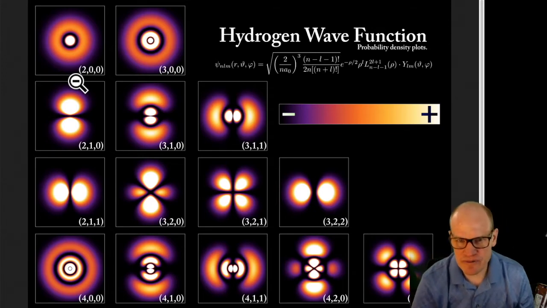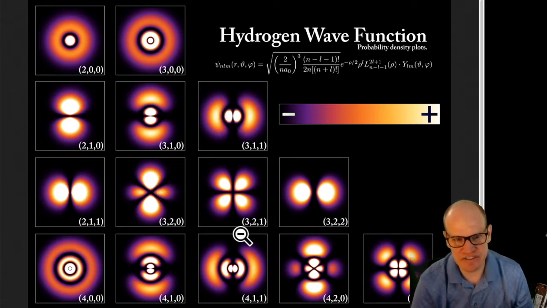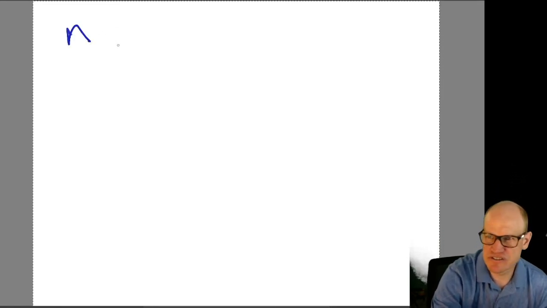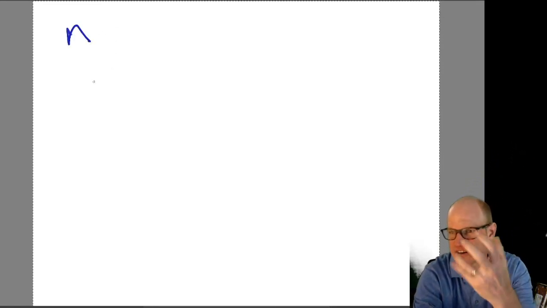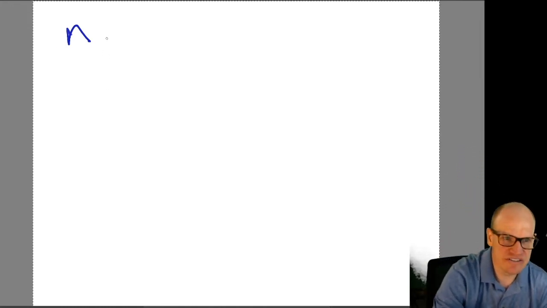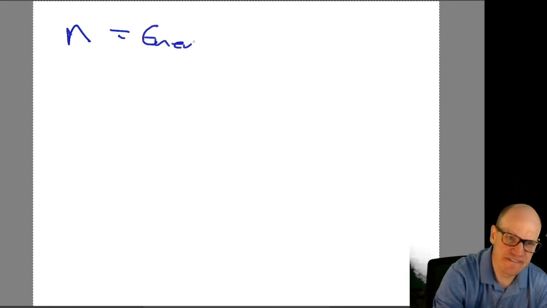The different quantum numbers that you add to the system are the ones that count the number of bumps you have in the different directions. And so you have n, which is the number of nodes, basically what energy level it is, how many oscillations there are in the radial direction. So n is usually quoted as the energy quantum number.